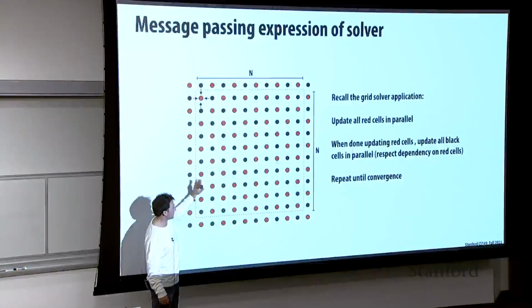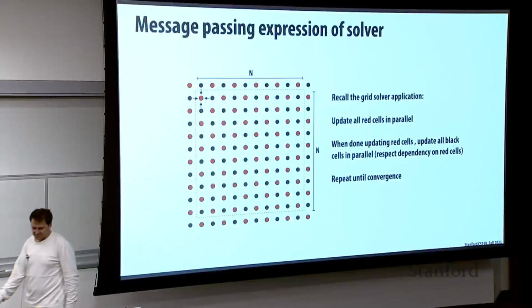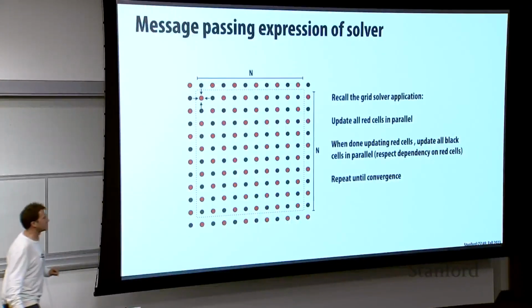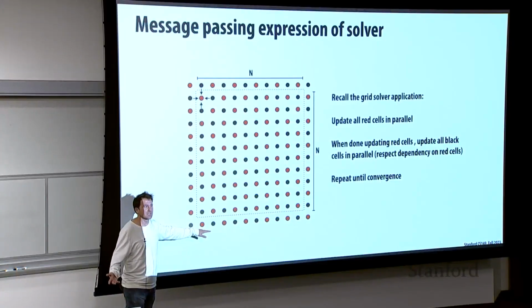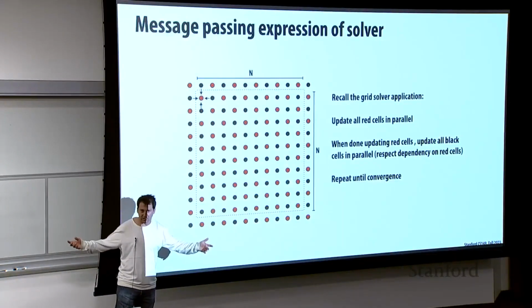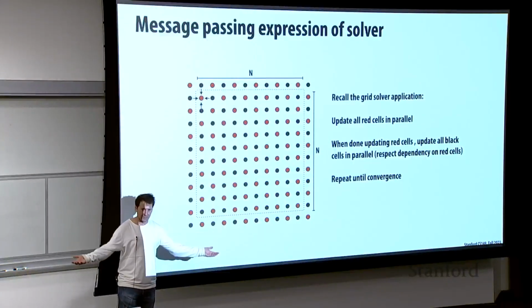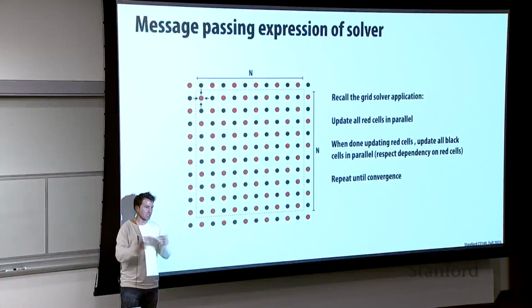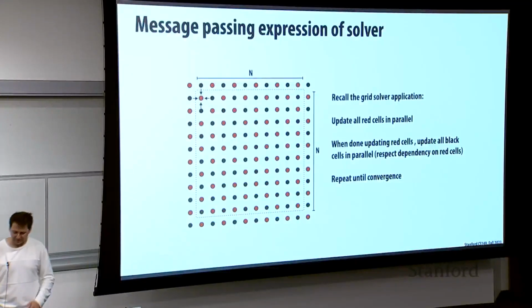And if we haven't converged, do it again, but this time with the black cells. I'd like you to think about implementing this program not on a 2-core machine, but on a cluster of 2 different computers that can only exchange messages, like internet traffic, let's say over Ethernet.